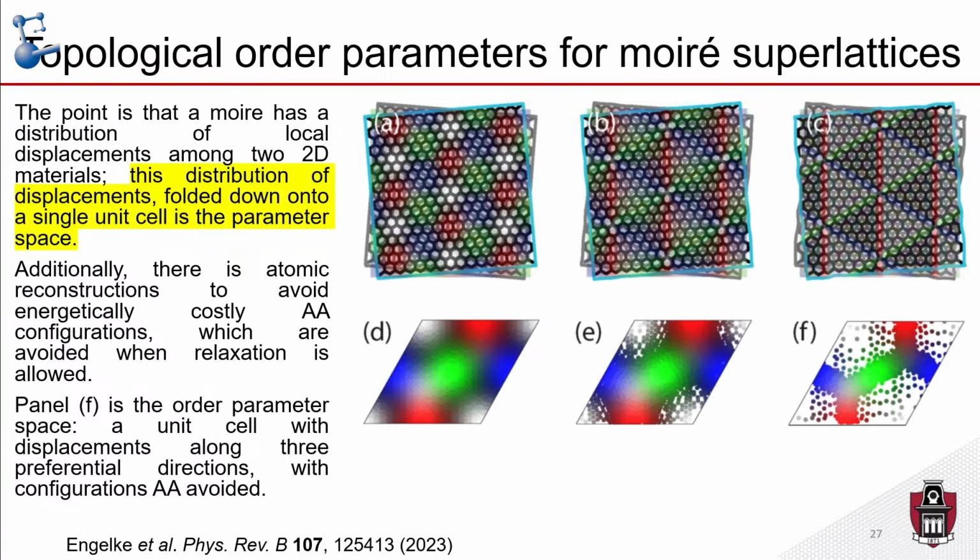And then the Moire supercell is basically defined by these 2 triangles. So the fact that the atoms want to sit on either AB or BA configurations makes these lines sharper. And the point is that these are the AA configurations, and they are avoided because they are too costly.